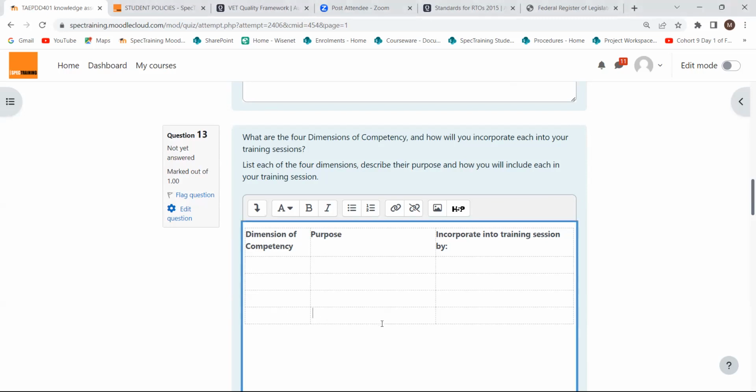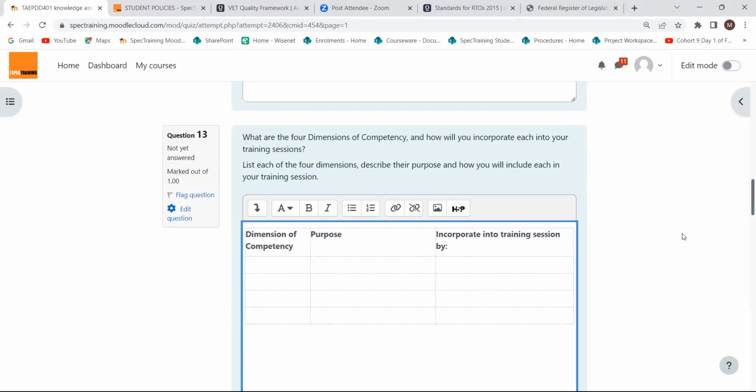Well, basically, we make sure that we train them to do the task inside and outside, or in multiple different environments that would be appropriate to the context that we are training them in. So for example, job role environments for CPR, we could say, okay, we're going to train and assess them to do CPR inside a house, maybe outside by the pool, or another one could be at a shopping center, just changing up the environment.